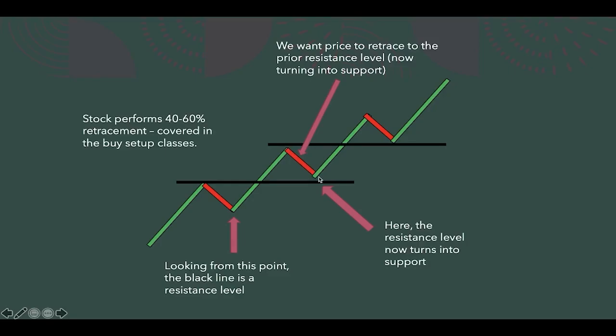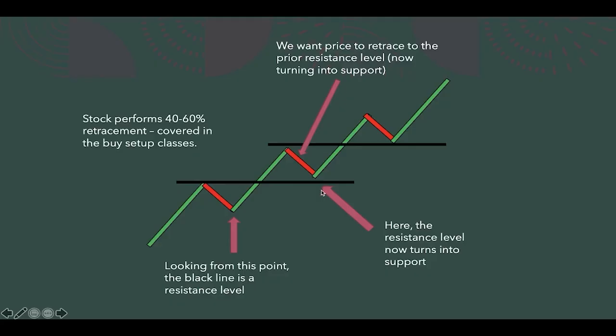What we want to see is this prior resistance from here, right? This prior resistance now turn into this pullback's support, right? So here, this resistance level from this high is now turning into the support for this low, right? So this resistance is becoming this support now.